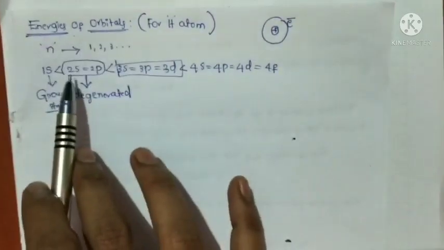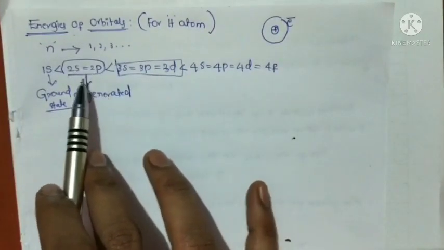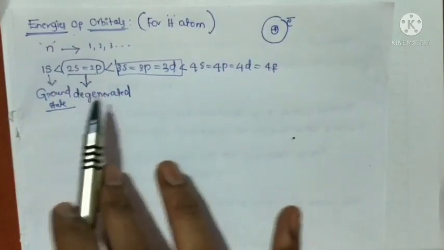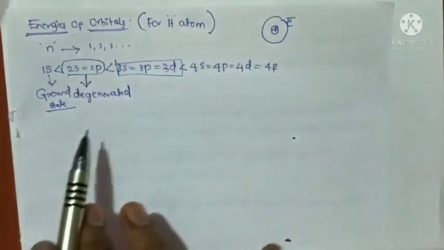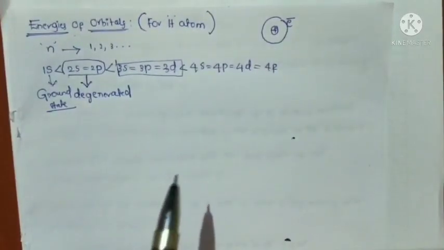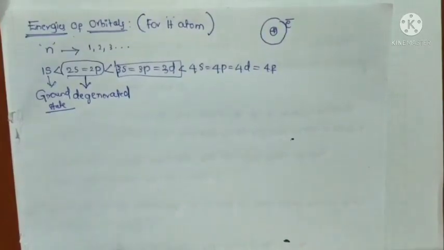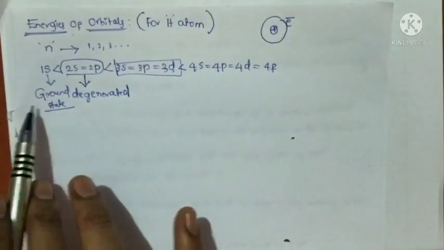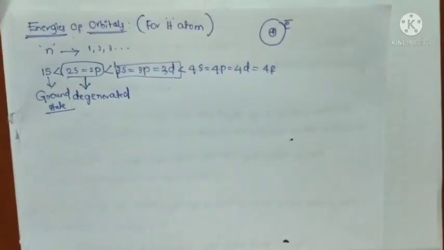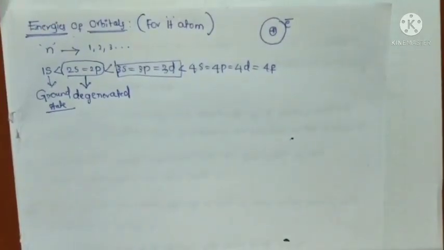If the electron is present in 2s, 2p or any one of those orbitals, we say that the electron is excited. If the electron is present in the 1s orbital, we say that the electron is in the ground state.